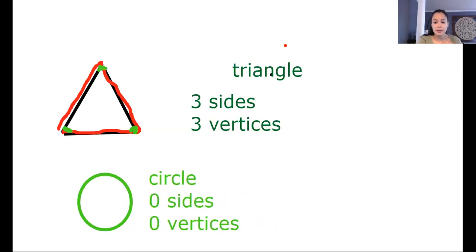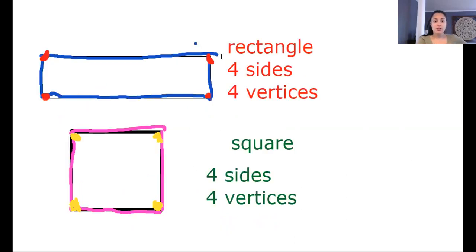Good job. Look at all our shapes. So a rectangle has 4 sides and 4 vertices. All the lengths are not the same. There's 2 long lengths and 2 short lengths, right? Or 2 long sides, 2 short sides.